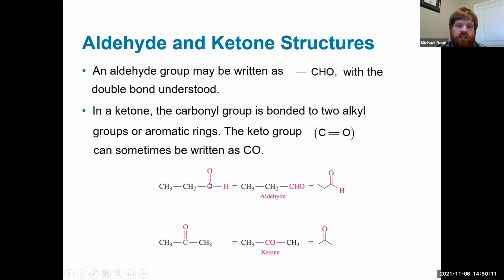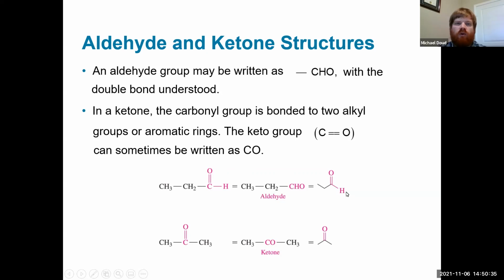Now, if you're drawing the condensed structural formula, it would look like this for the aldehyde: CH3, CH2, CHO. When you draw the line angle formula, which is what I'm going to push you to do more often than not, you're actually going to draw out the hydrogen that's bonded to this carbon, as a way of pointing out that this hydrogen is more reactive than the other hydrogens.